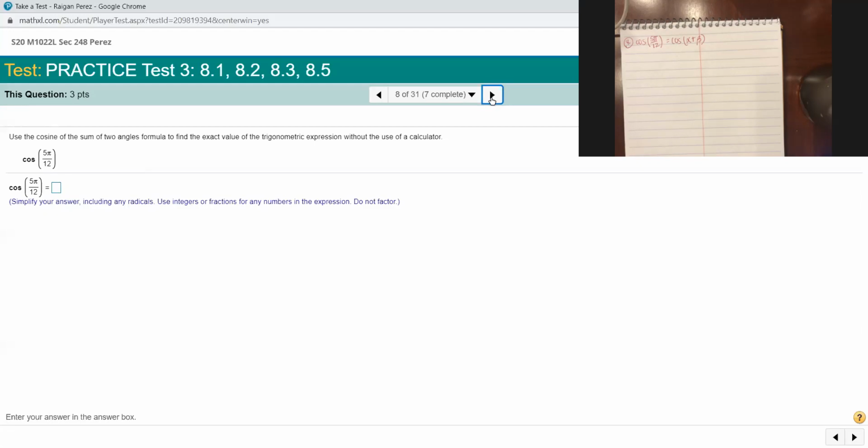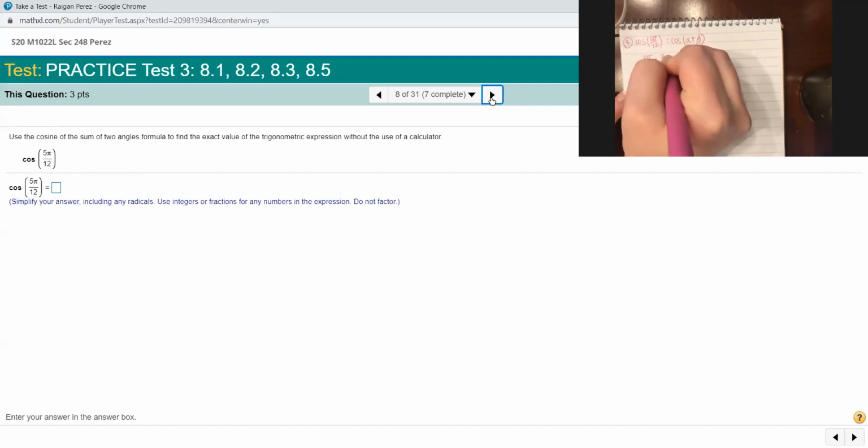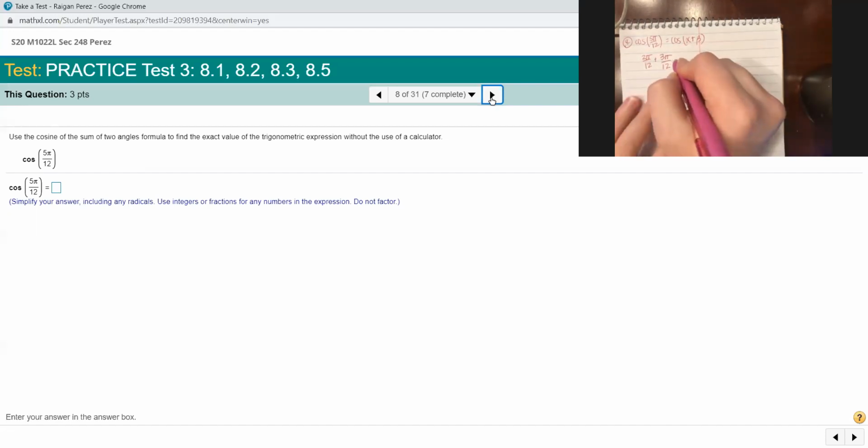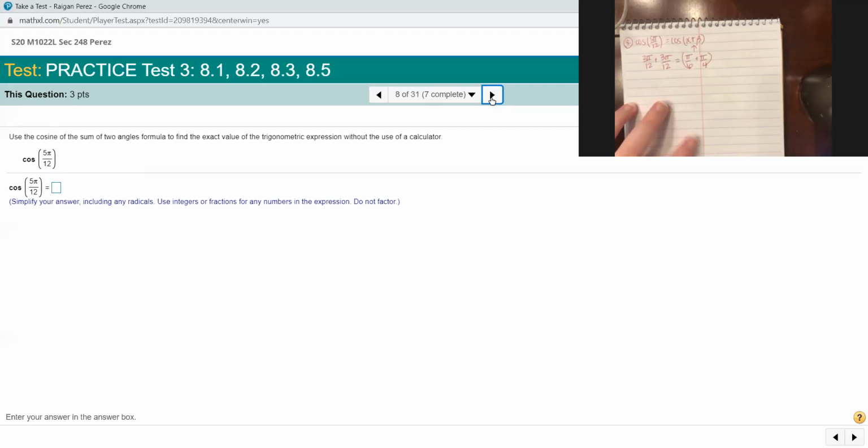So I'm looking for two numbers that can add to give me 5 over 12. So the two that I automatically think of is 2/12 plus 3/12. Okay, so both of these simplify to be pi/6 plus pi/4. So basically that's my alpha and beta.